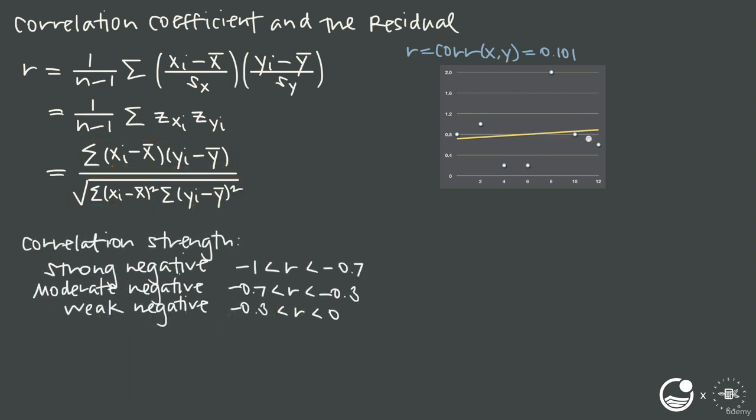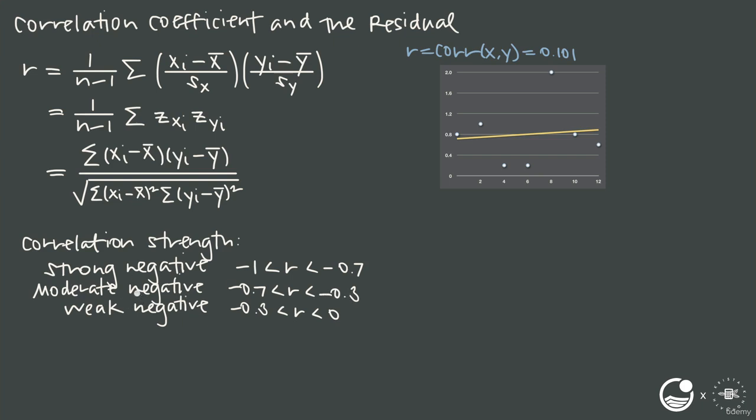That being said, as a general rule of thumb, we do classify the strength of the correlation based on the value of this correlation coefficient. So in particular, if the correlation coefficient is between -1 and -0.7, we tend to call that a strong negative correlation. Whereas if we're in that mid-negative range between -0.7 and -0.3, we would call that a moderate negative correlation.